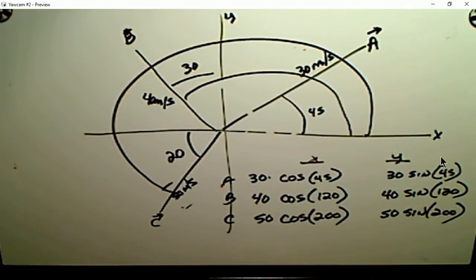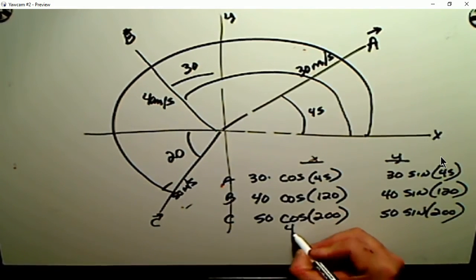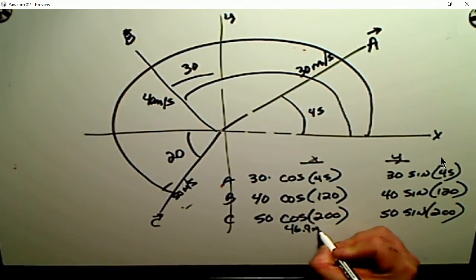Now, if you get out your calculator and do 50 times cosine of 200, you're going to get negative 46.9 meters per second.